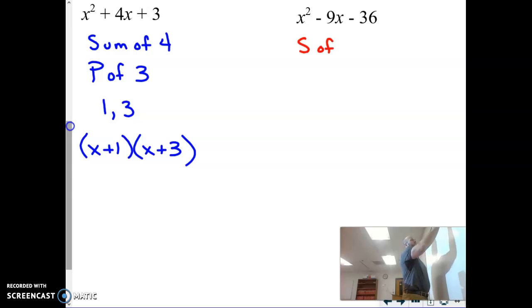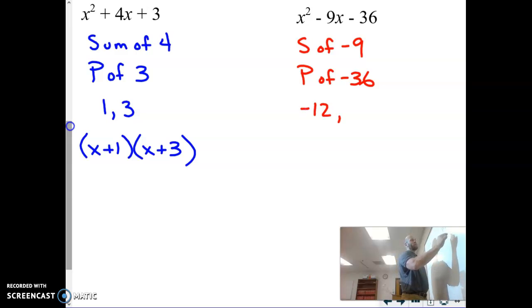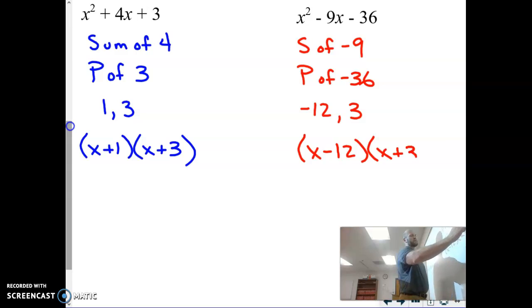Looking for the sum of negative 9 and the product of negative 36, the two numbers that would fit the bill here would be negative 12 and positive 3, leaving us with x minus 12 times x plus 3.